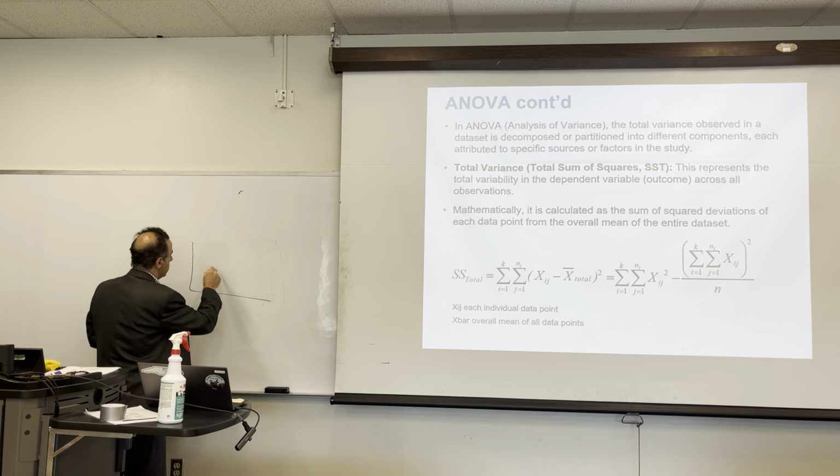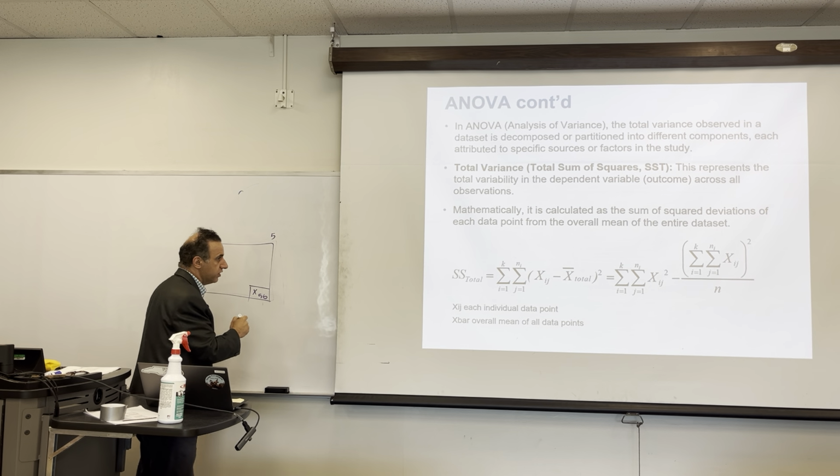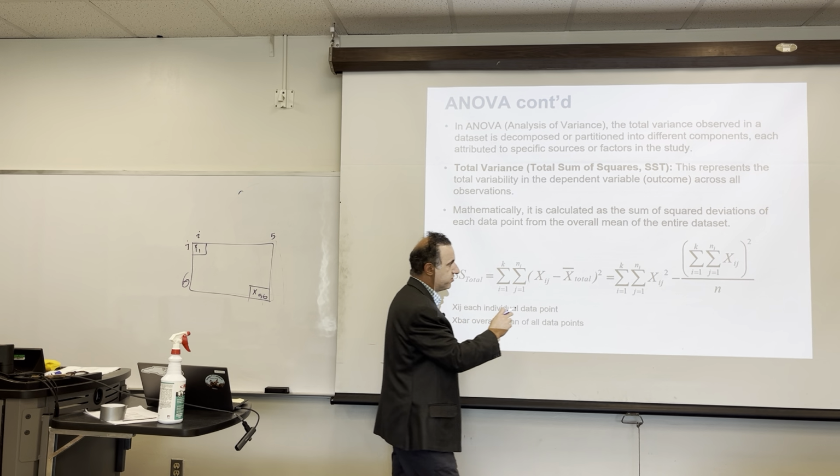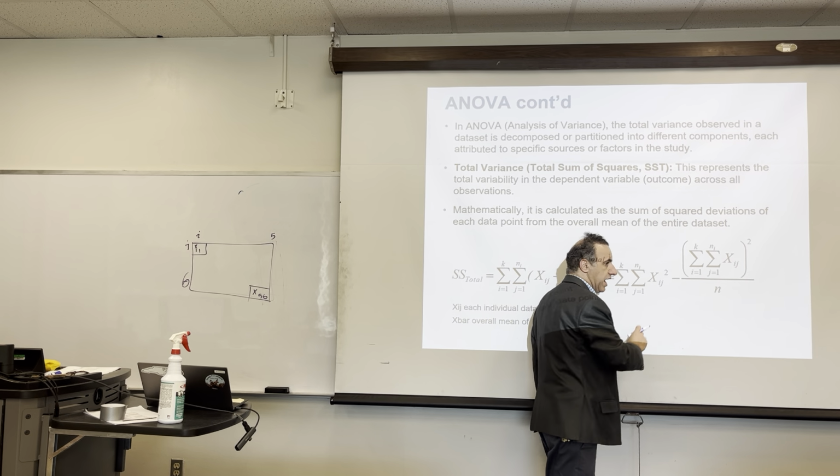We're going to include all of them, right? X of 1, 1. Let's say this is 5, this is 6, X 5, 6. You're going to get a summation. First, it's not simply a summation of the numbers. You have to take them to the power of 2, right?